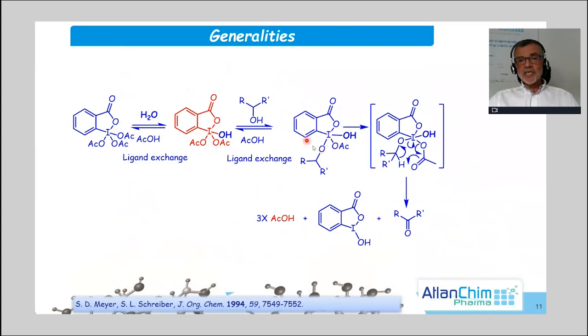At this stage, the increased electron-donating ability of the OH substituent in place of the acetate may increase the dissociation rate of the remaining acetate ligand, leading to the carbonyl compound following this concerted mechanism.